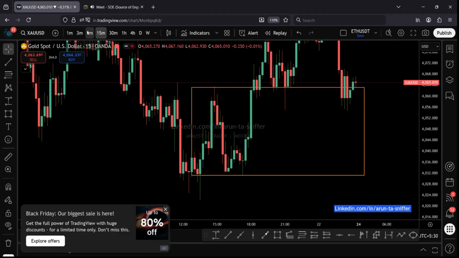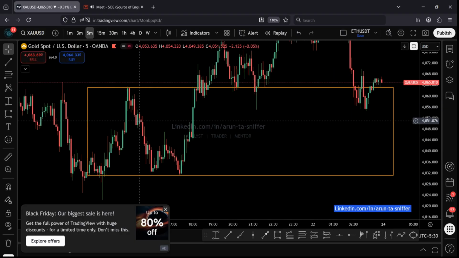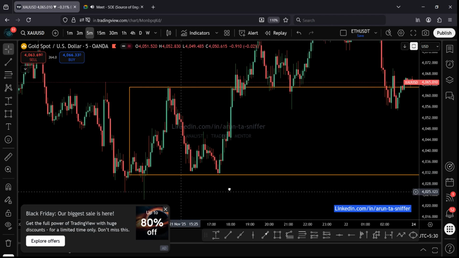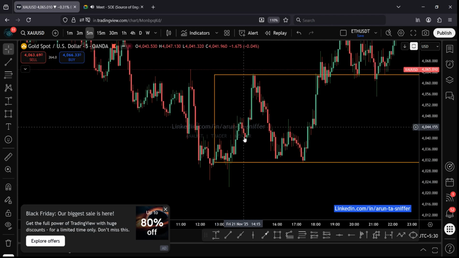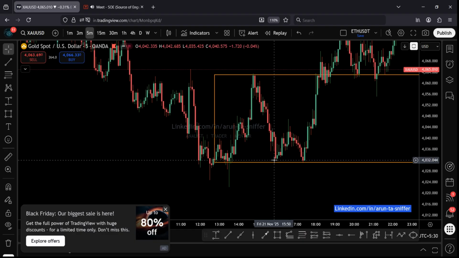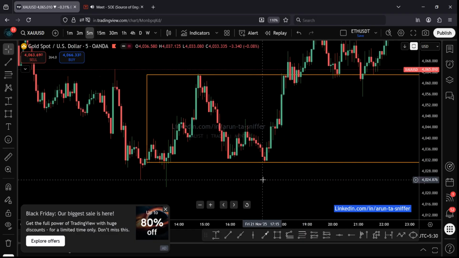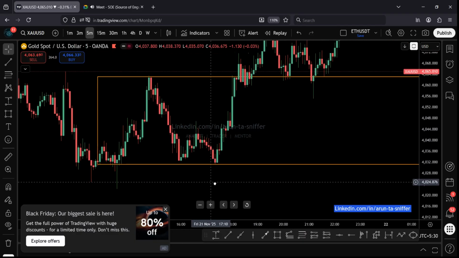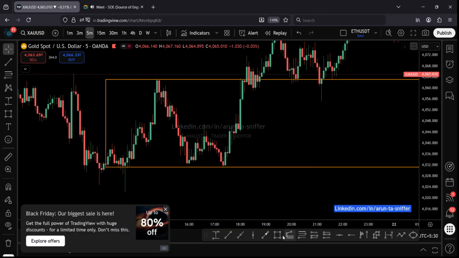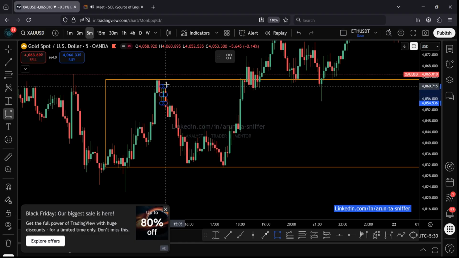Let's zoom in, go on 5 minutes. Okay, what is this structure like: goes up, pulls back, goes up, pulls down. Okay, so where are our zones here? And where is our origin? Our origin is here, the first pullback, right?